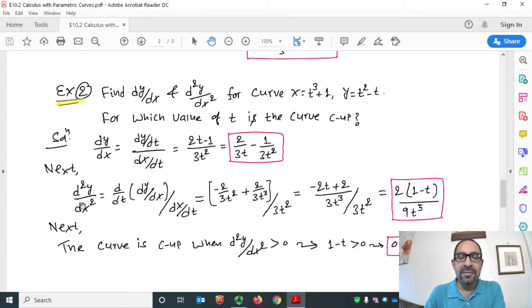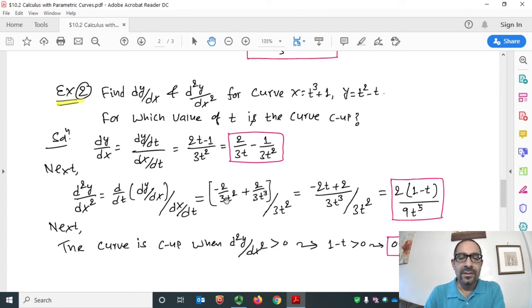Next, let's find the second derivative. Again, by formula, d2y over dx squared equals d over dt of (dy over dx), all over dx over dt. We found dy over dx already here. Now let's take its derivative. We use the quotient rule here. It turns out to be these terms: negative 2 over 3t squared plus 2 over 3t cubed.